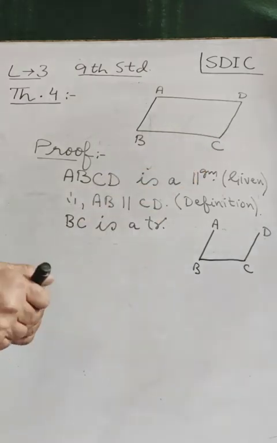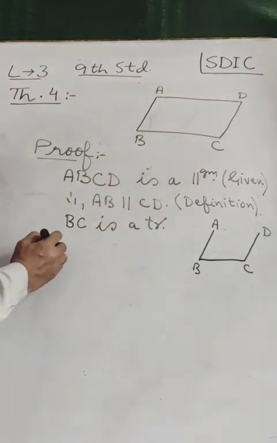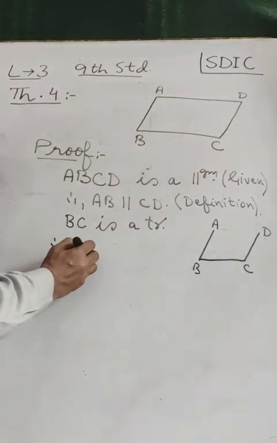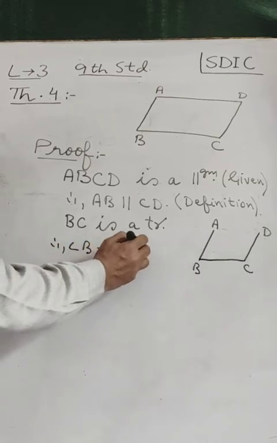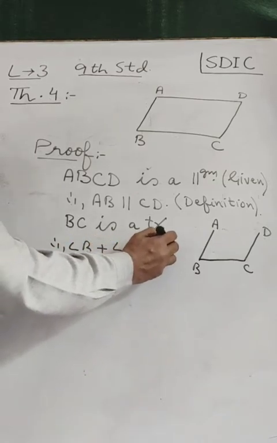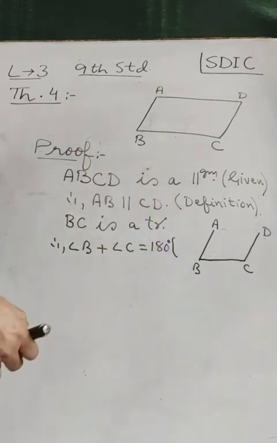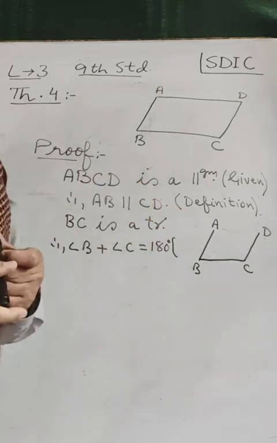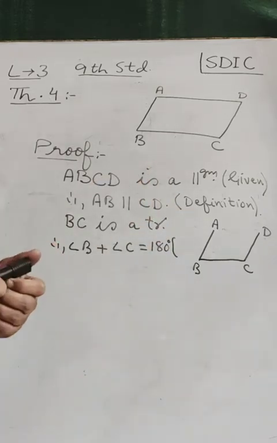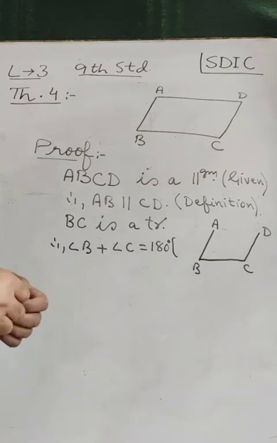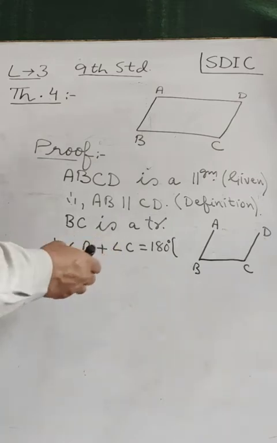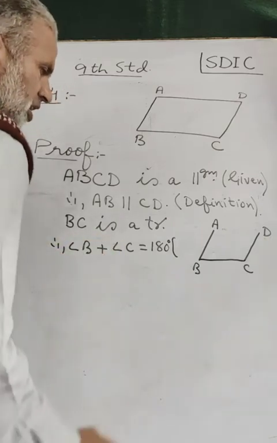Therefore, angle B plus angle C is equal to 180 degrees. Write in the bracket co-interior angles. This result will mark as first.